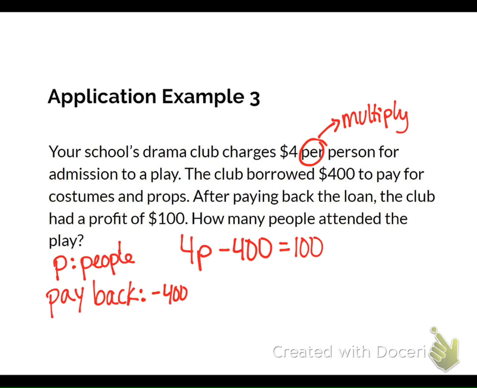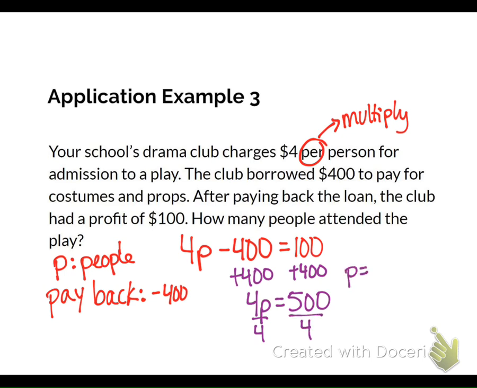So now we can solve this equation to figure out how many people came. To do that, what would we do first? I hope you're saying add 400 to both sides. Gives us 4p equals 500. Last step. Divide both sides by 4.